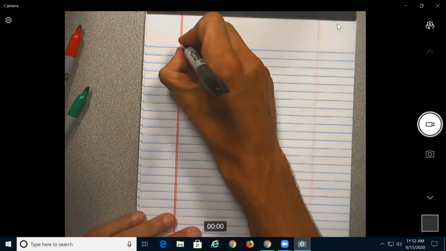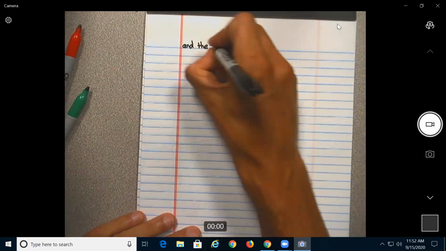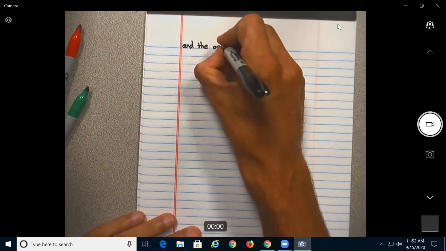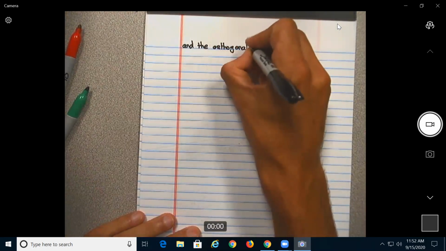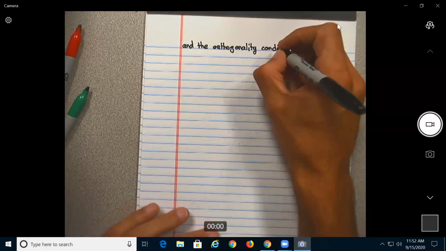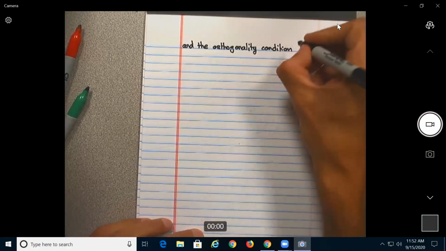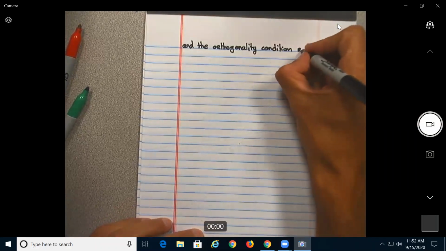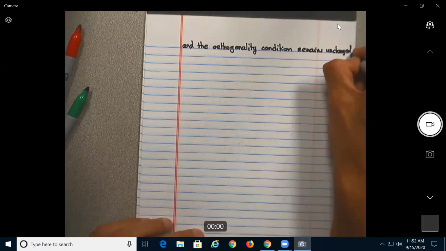Okay, and just say that, the orthogonality condition also remains unchanged. Meaning what?